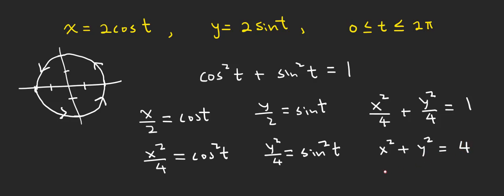And because the equation of a circle looks like this, x squared plus y squared equals r squared with the center 0, 0, r is 2. That's why we got this equation, the graph of a circle with the radius of 2, the direction going counterclockwise.